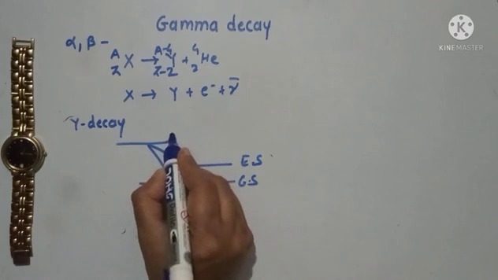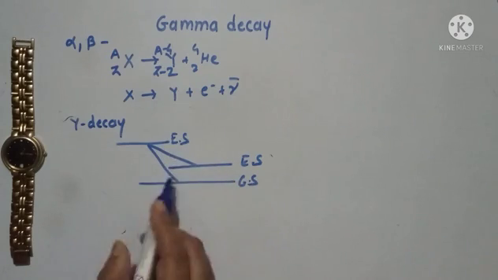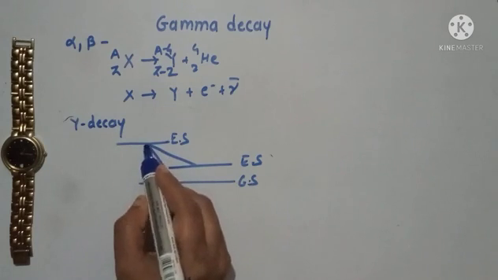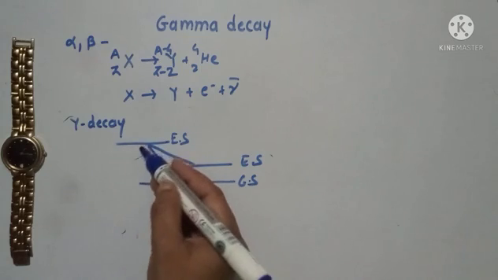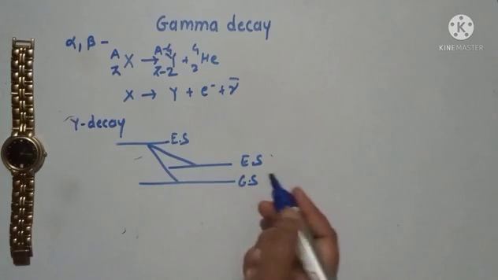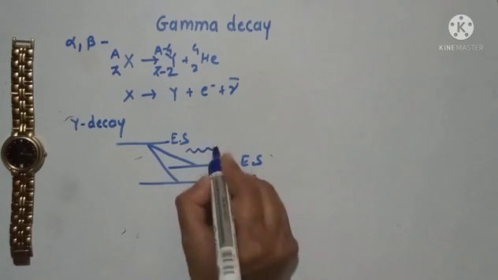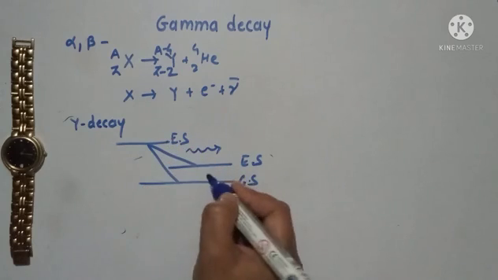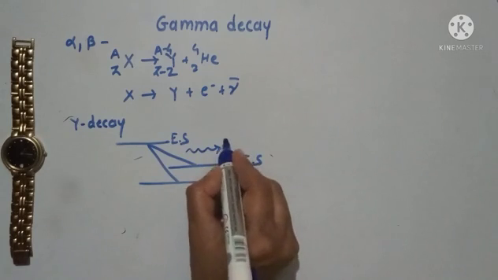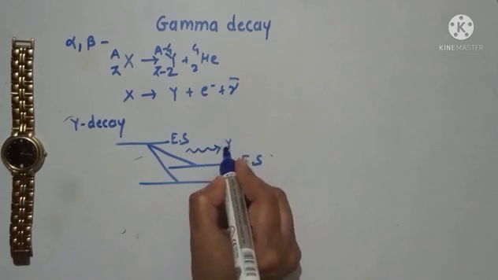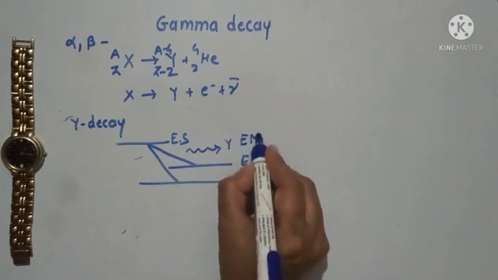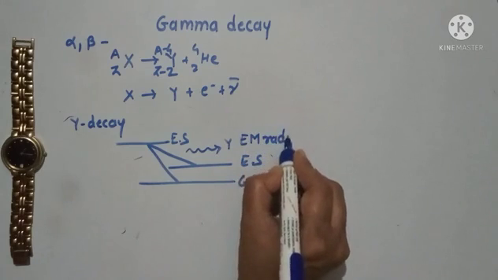If there is any nucleus which has some extra, surplus amount of energy compared to the ground state, it may give out gamma decays, and it will attain a more stable state by giving out some energy, which we call gamma rays. These gamma rays are nothing but electromagnetic radiations.